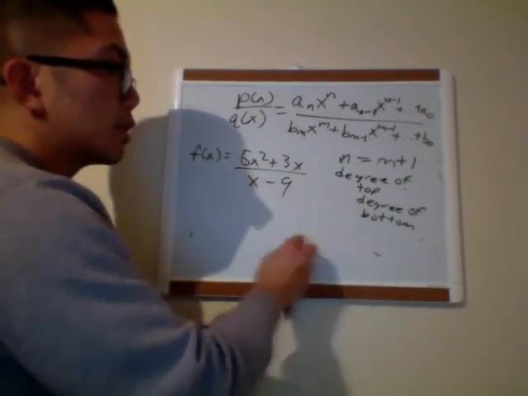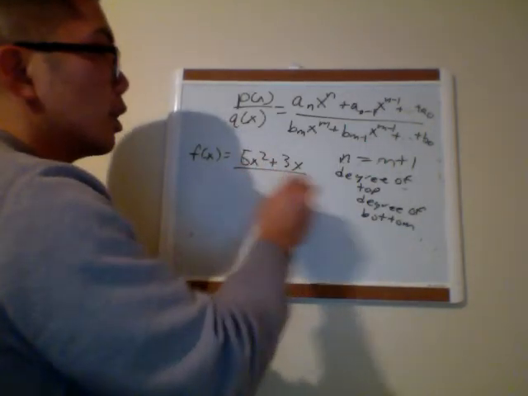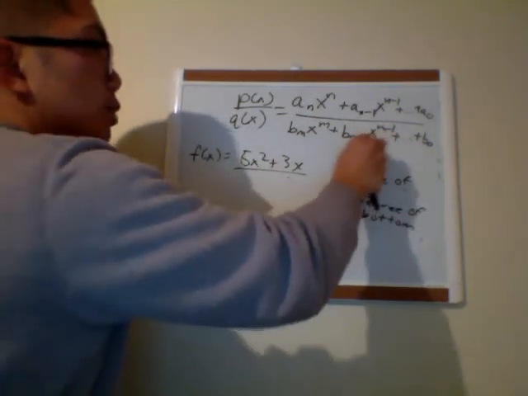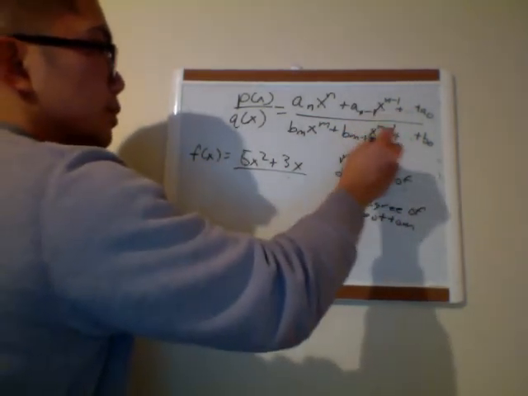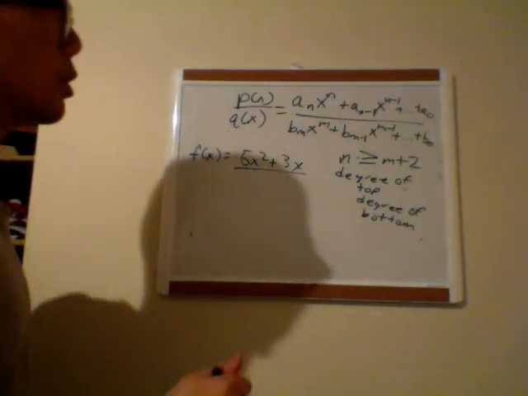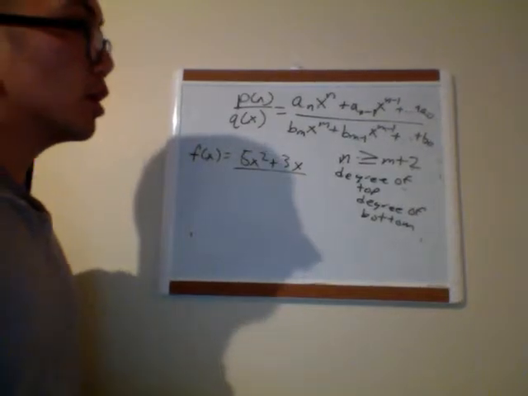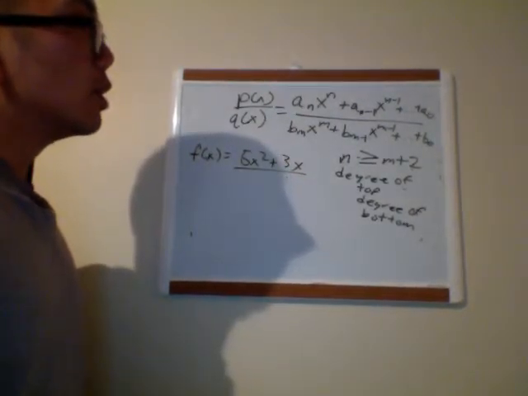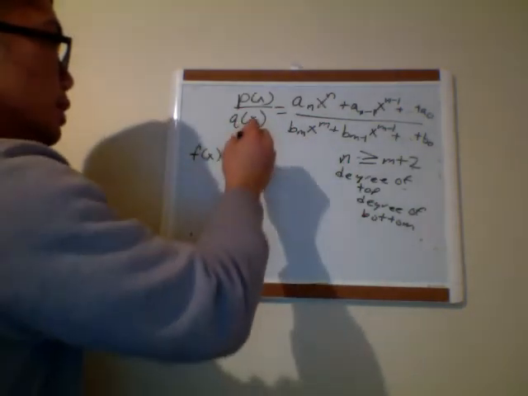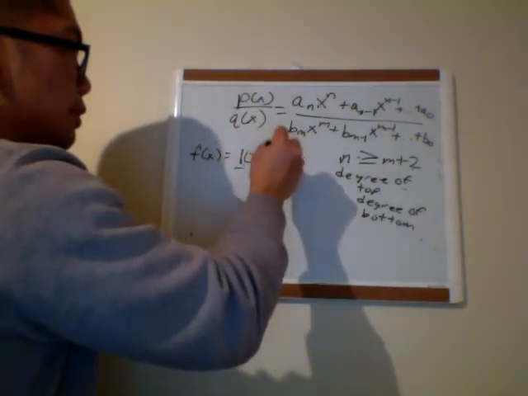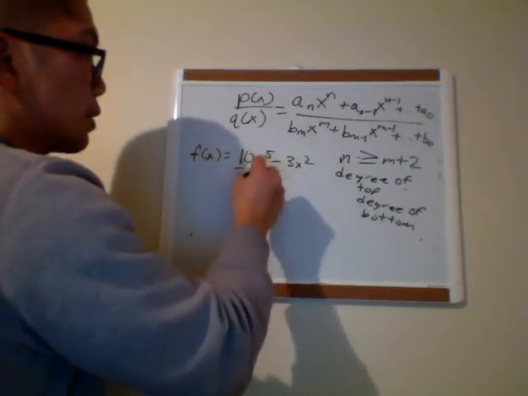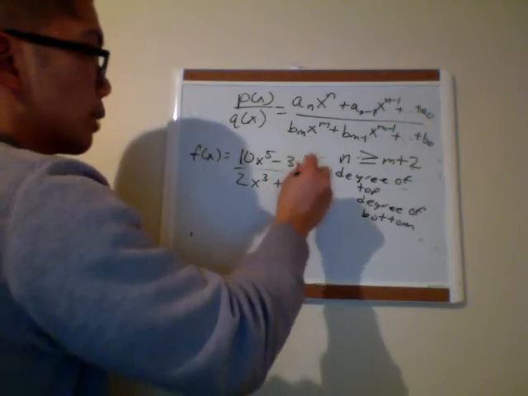But one thing that you do need to know is the last case, when n is greater than or equal to m plus 2. Okay? So, for example, if I have 10x to the fifth minus 3x squared over 2x to the third plus 6x squared.